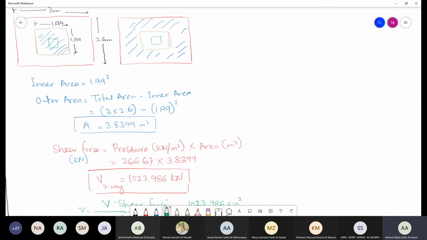How many dimensions you need to cut? You will see that in order for me to take the outer area outside, I need to cut this dimension first, second dimension, third dimension, fourth dimension. It is like I'm trying to cut this length, which is 1.99, into the depth, which is 0.53.